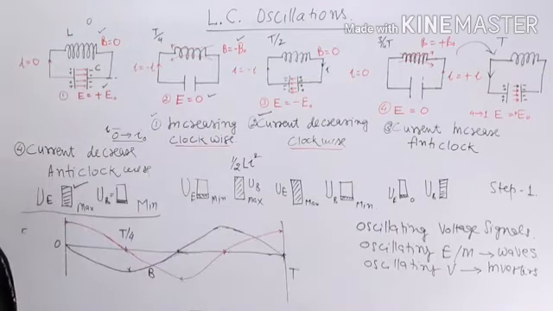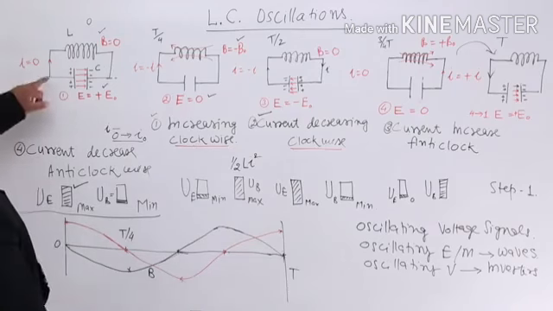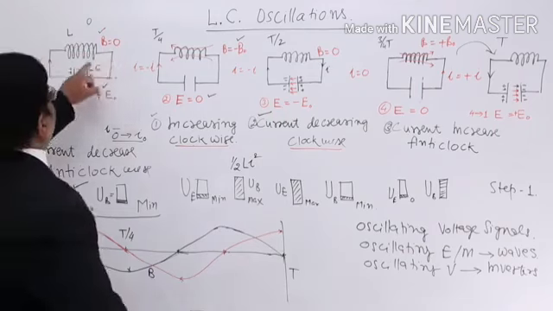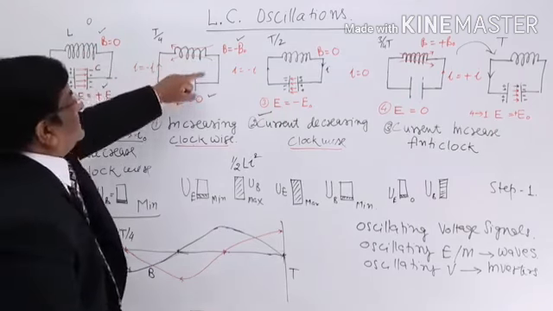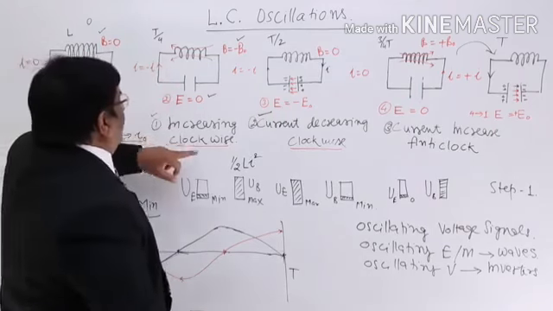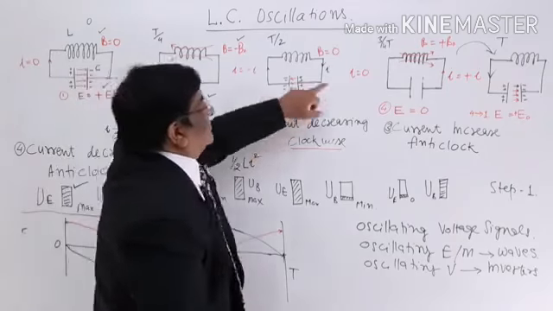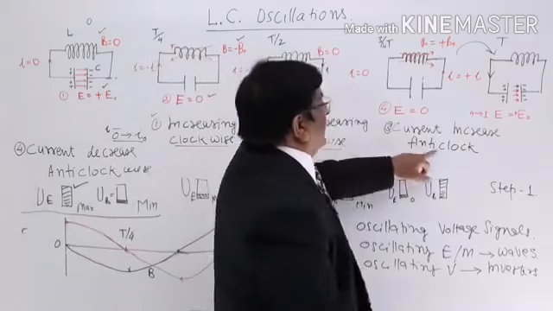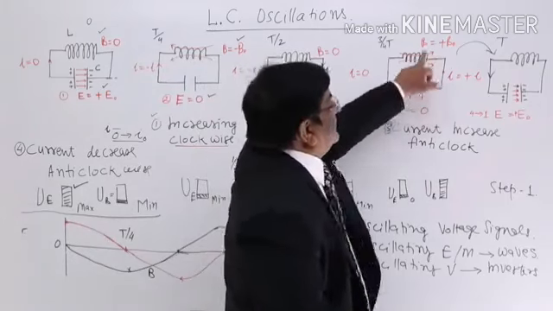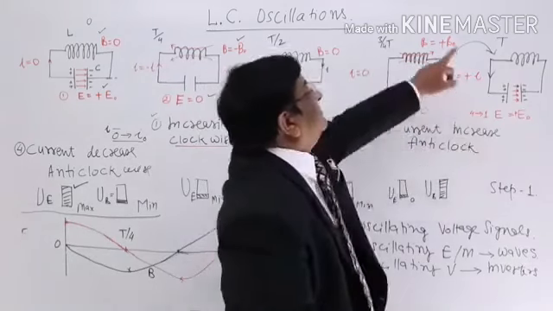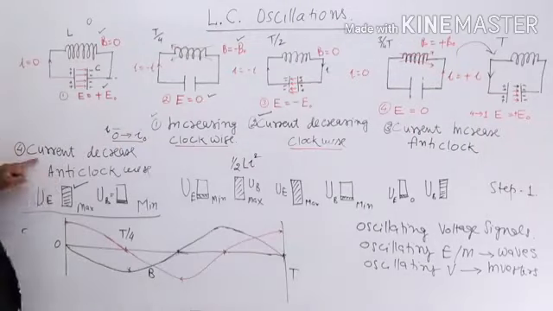So what is happening to electric current? Electric current here, clockwise from here to here, clockwise maximum, clockwise decrease, becomes 0, anti-clockwise increase, becomes maximum, decrease, and after decrease becomes 0.